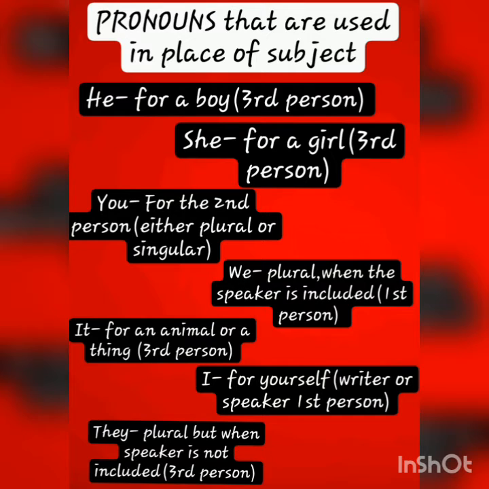And similarly for Jay, Jay will be the first person and you will be the second person for Jay. Okay, this is how the listener becomes the second person and the speaker or writer becomes the first person.